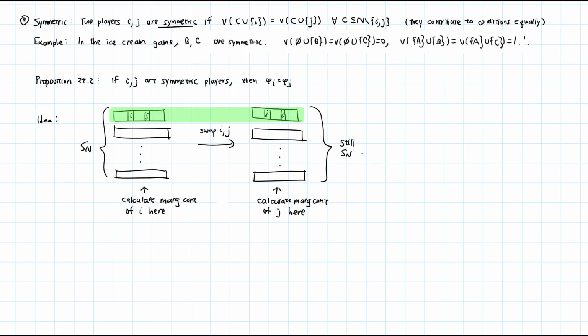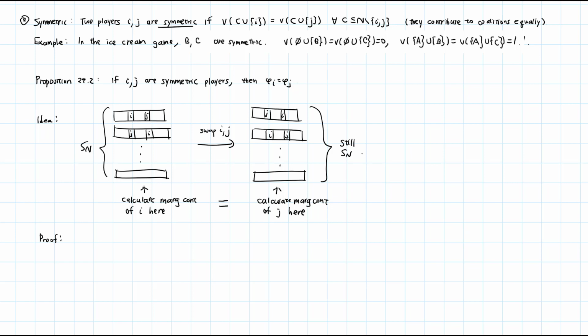There are two cases, either i comes before j or i comes after j. And because they are symmetric, the corresponding permutations should give us the same marginal contributions for i and j on either side. So overall, they have the same sum of marginal contributions, so their Shapley values should be the same.